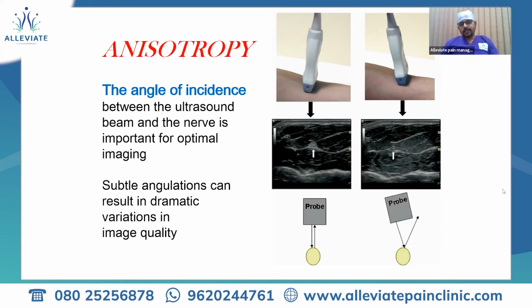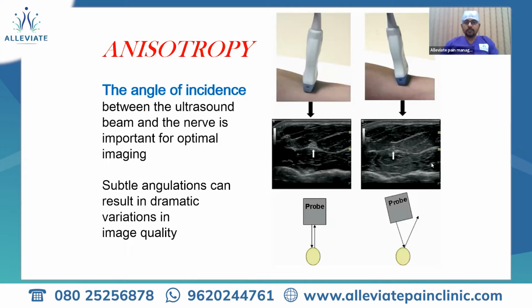Now this is a very important point I wanted to highlight, that is anisotropy, because everything we talk about today in ultrasonographic evaluation depends on this, because it is a user dependent kind of evaluation. The user has to be very aware of the artifacts they can encounter while evaluating these nerves, muscles or tendons.